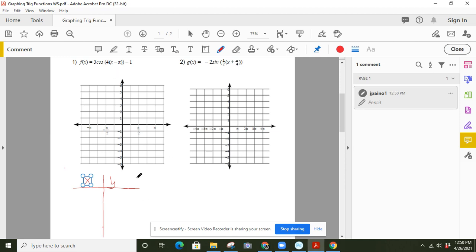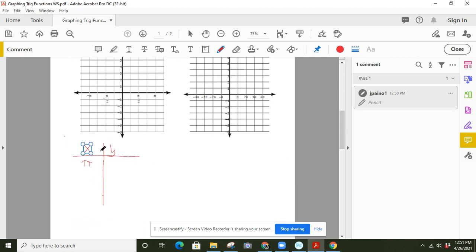So I want to come up with 5 points within a distance of pi halves. So again, I like to start by plugging in what's going to make this 0. So I like to start at pi, and then if I know my period is pi halves, I'm just going to add pi halves to that.